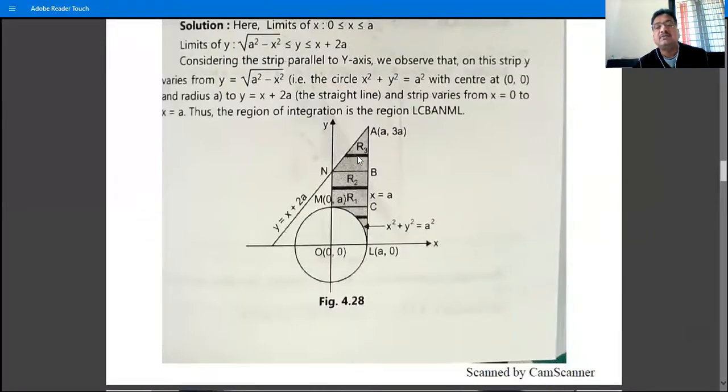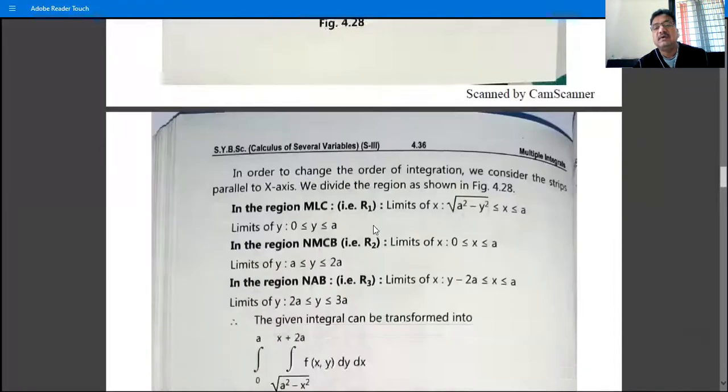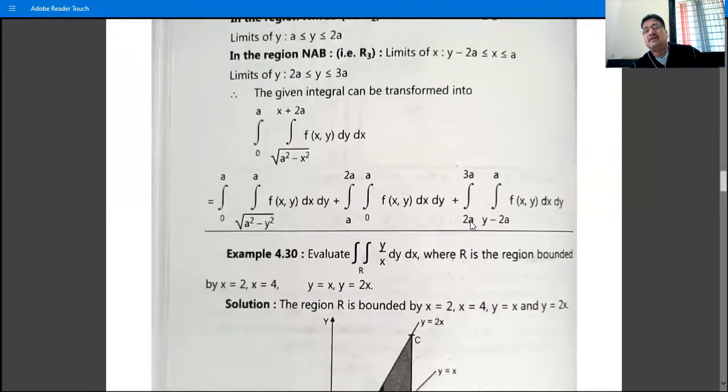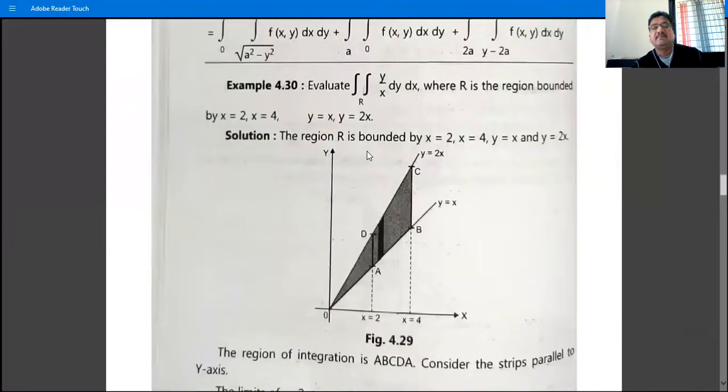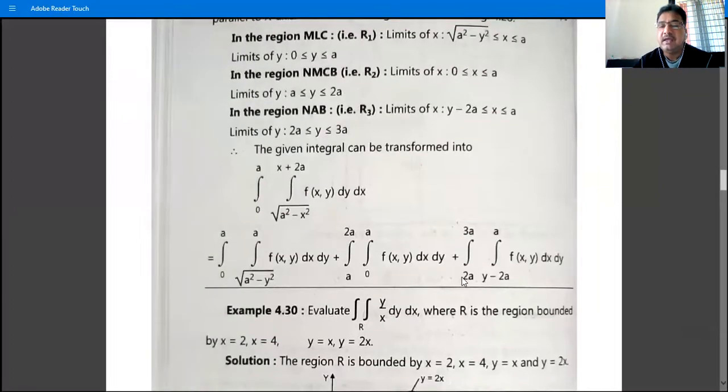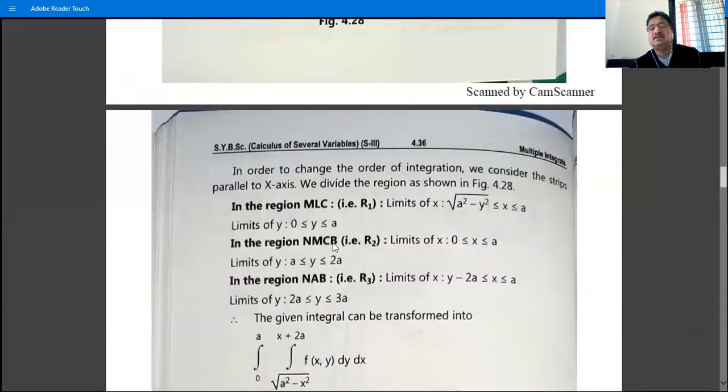The other end of the strip touches the line x is equal to a, so x is equal to a is the upper limit. In order to cover this region R3, we have to move this strip from point B to point A. At point B, y is 2a, and at point A, y is 3a. So the lower limit of y is 2a, and the upper limit is 3a. So this is the final answer. Right? This is the description of this.